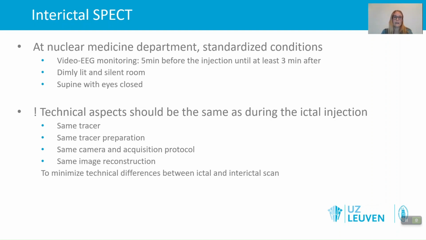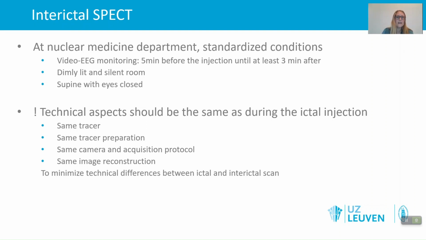For our interictal SPECT, these are ambulatory, so these are planned scan slots. This happens at the nuclear medicine department, also under video EEG monitoring. So we monitor from several minutes before the injection until several minutes after to make sure that it's a true interictal injection. This happens under standardized conditions, so patients are in a dimly lit and silent room, lying in a bed with their eyes closed.